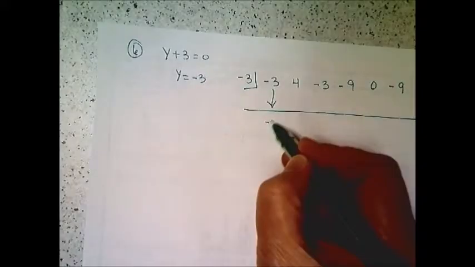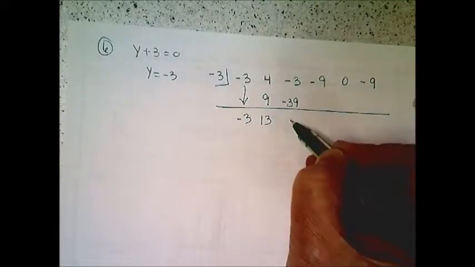I'm going to drop this down. It's going to be negative 3. Negative 3 times negative 3 is 9. 9 and 4 make 13. 13 times negative 3 is negative 39. That gives me negative 42.